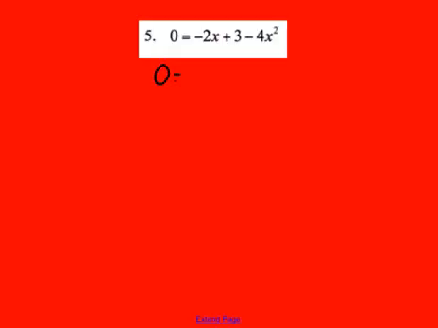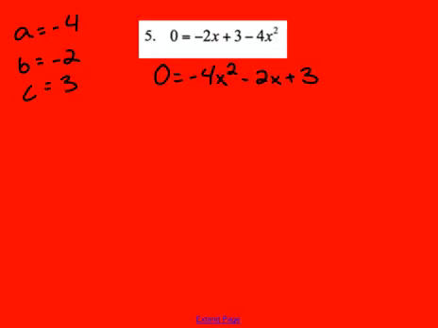So you could rewrite this as 0 equals -4x squared minus 2x plus 3. If you want to leave it on that side of the equals, that's fine. I have a equals -4, b equals -2, c equals 3.